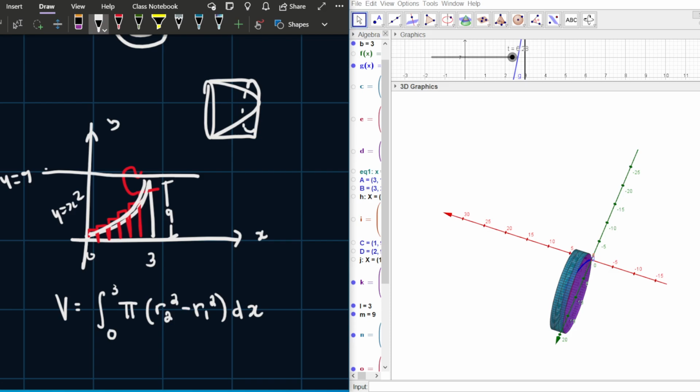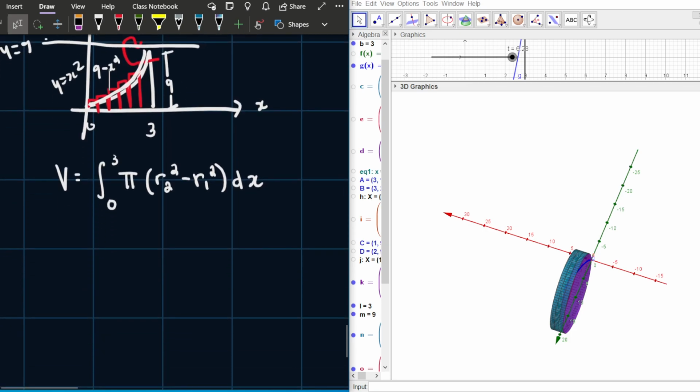And that is given by 9 minus x squared, because this graph here is y equals x squared. So, ang nangyayari is yung constant na 9, nababawasan siya as we travel along this curve. So, we have R2 equals 9 and R1 equals 9 minus x squared.